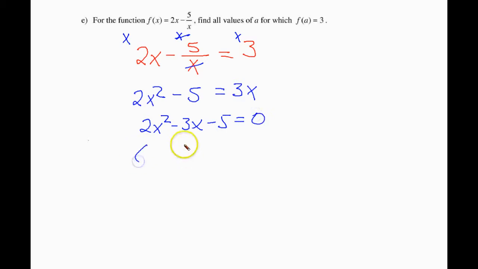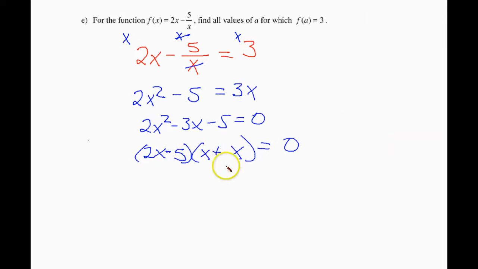Now we need to factor. I believe our 5 is going to go there. So this is going to be negative and this will be positive.